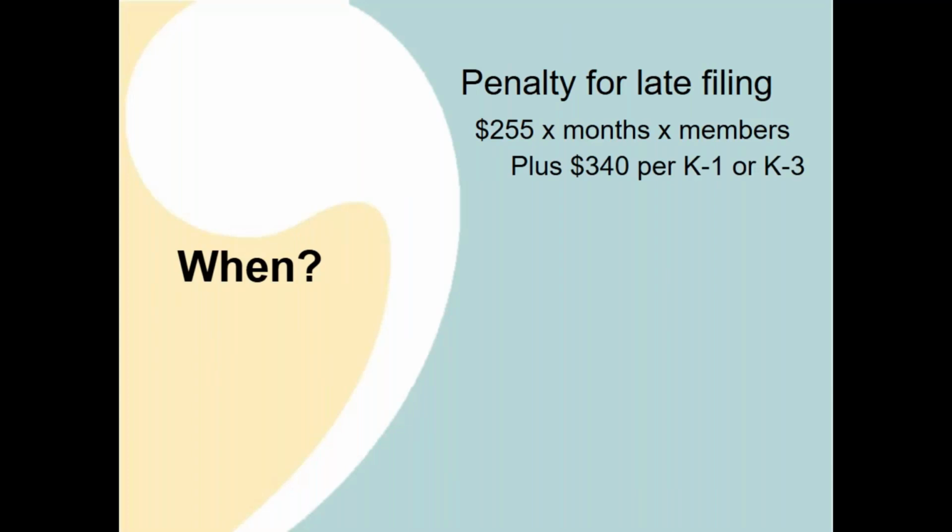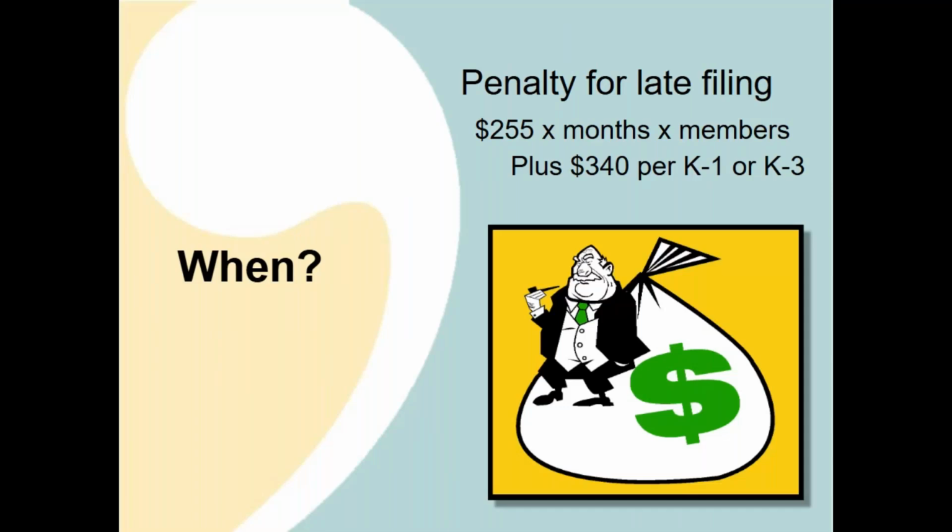Plus, there's a minimum $340 penalty for each failure to furnish a Schedule K-1 or K-3 to a partner when due, and/or for each K-1 or K-3 on which there is missing or incorrect information. This adds up quickly. Each year we get questions from clubs that have received tax bills for thousands or tens of thousands of dollars because they have failed to meet these requirements.